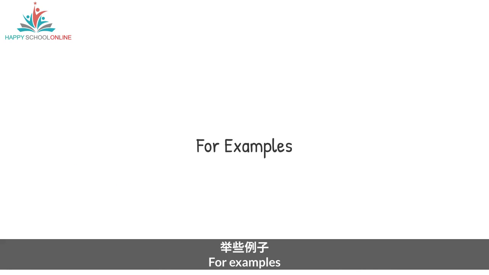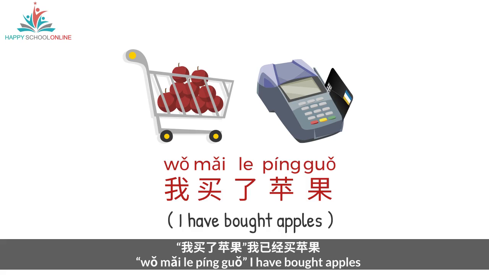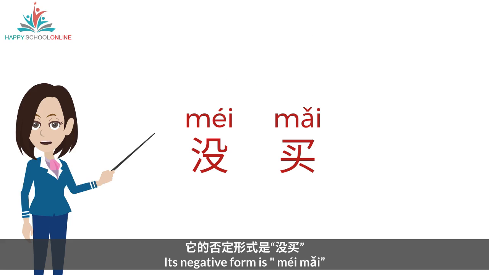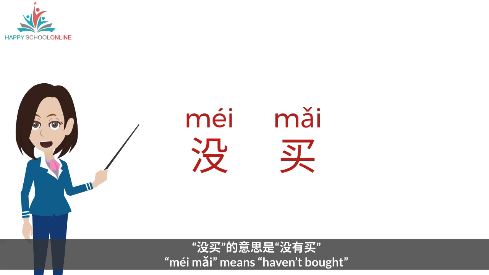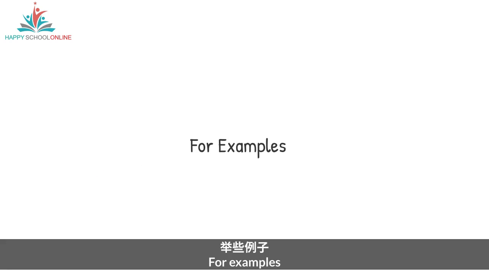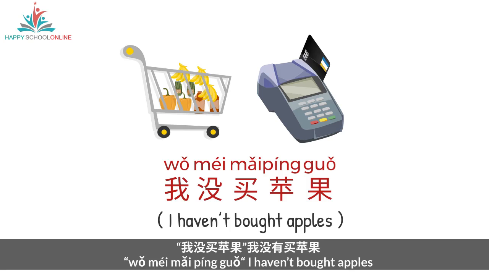For examples, 我买了苹果, I have bought apples. Its negative form is 没买. 没 means no or not. 没买 means haven't bought. For examples, 我没买苹果, I haven't bought apples.